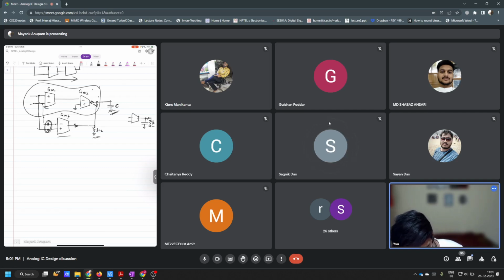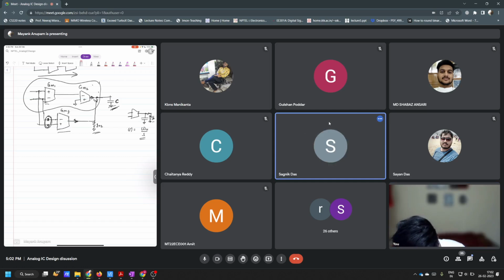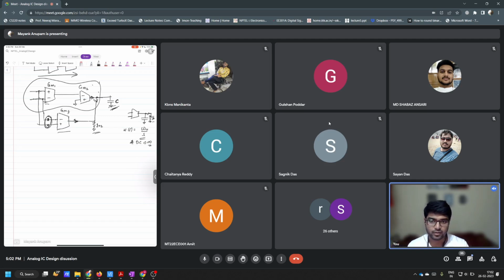Okay. Another way to see this is that an ideal integrator has infinite DC gain, isn't it? What is the Laplace domain equation of an integrator? It is some omega u upon s, right? Yes, sir. Correct. Now what is the DC gain of this omega u over s? Infinity. Correct. So at DC, the magnitude of this is infinity.